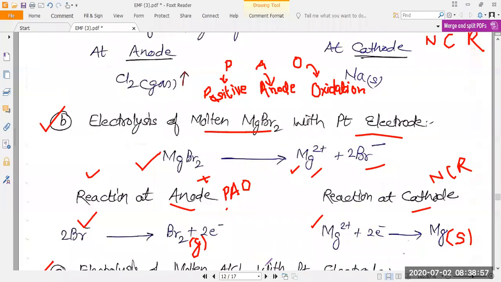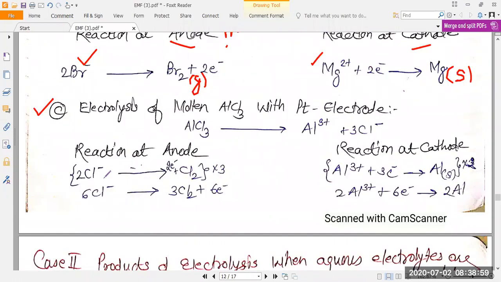So this is the third, AlCl3, aluminum chloride. When platinum electrodes are taken, what happens in aluminum chloride? This is the cell reaction. Aluminum chloride decomposes into aluminum ion and chloride ion. So what happens at anode side?